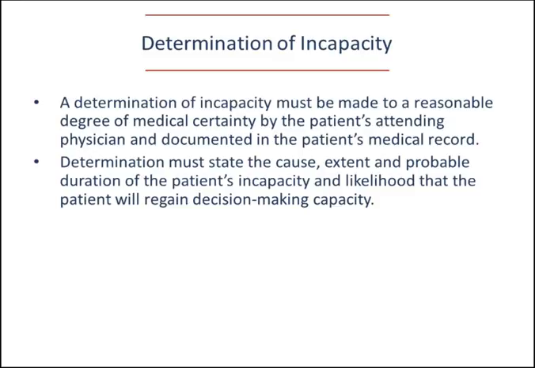So perhaps you have a person who was in a terrible car accident, and they don't have capacity at this moment in time because they're in a medically induced coma. There's certainly a hope and expectation that the patient's medical condition will improve and they will be able to be taken out of that medically induced coma and might regain their ability to make their own healthcare decisions.